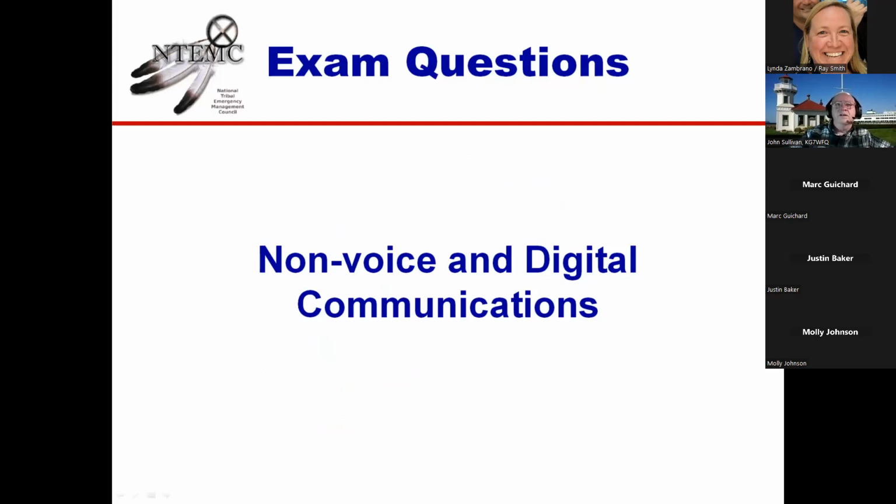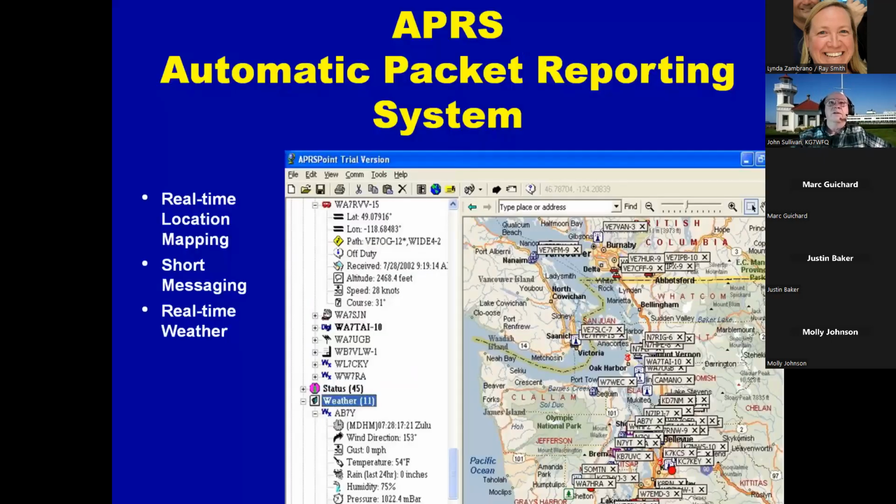Okay, so let's talk about non-voice and digital communications. Some of the modes that are available for these. APRS, short for Automatic Packet Reporting System. It provides real-time location mapping. You can send some short messages via APRS, weather information, things like that.